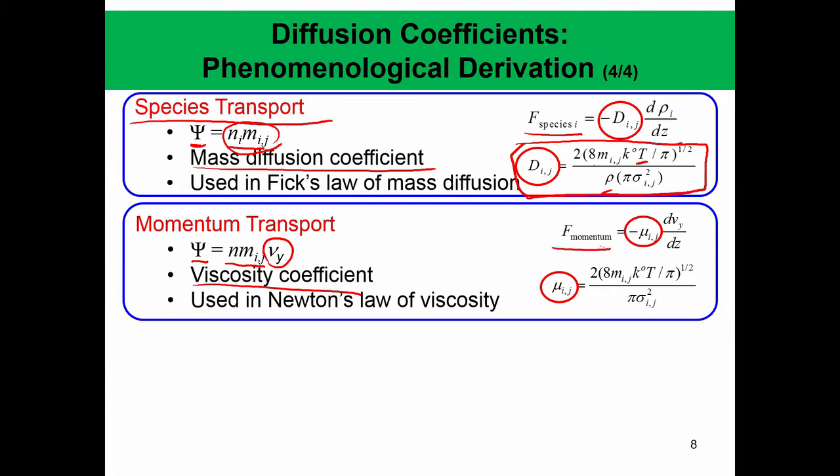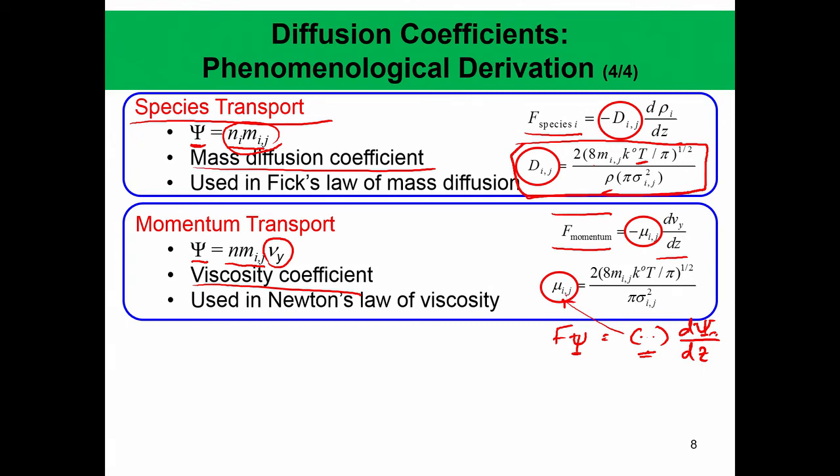So, the flux of momentum transport is given by minus mu ij times dVy dz, which comes from the previous formula of flux of xi equal to something times d xi dz. As you put in different forms of xi, whether it is species transport or momentum transport, this parameter changes, and the associated change actually becomes the change in the coefficient.